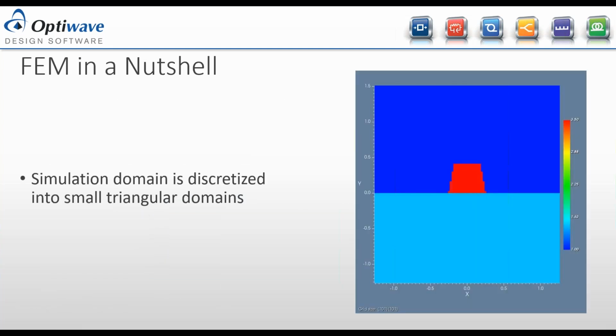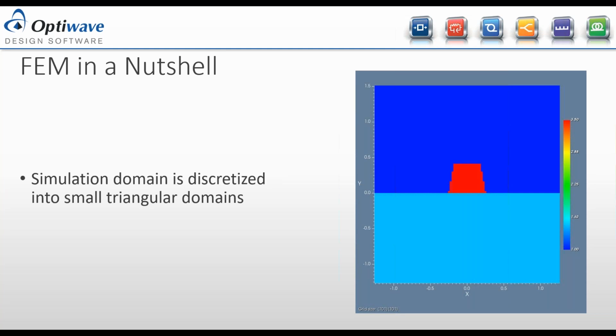Okay, so let's switch gears now to the FEM and describe what's going on with this method and how it's different than the finite difference mode solver. The main difference is how the simulation domain is discretized.